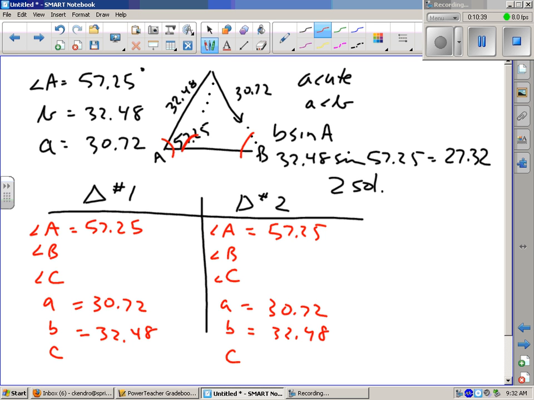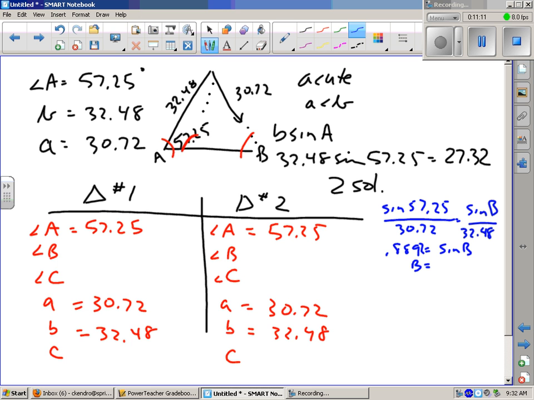Okay, so the first thing we're going to do is figure out angle B. Because we've got A and B, we can do law of sines. So over here, I'm going to do sine of 57.25 over 30.72. So sine of A over A, and then sine of B over 32.48. When I cross multiply and do all that, this is where I got .8892 is the sine of B, and angle B came out to be 62.8.